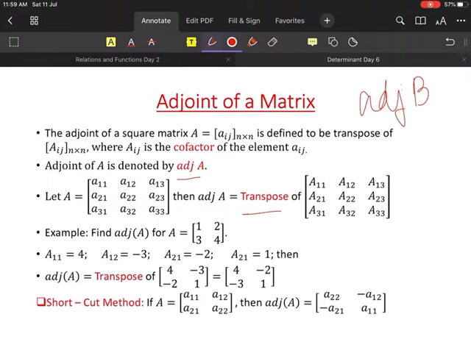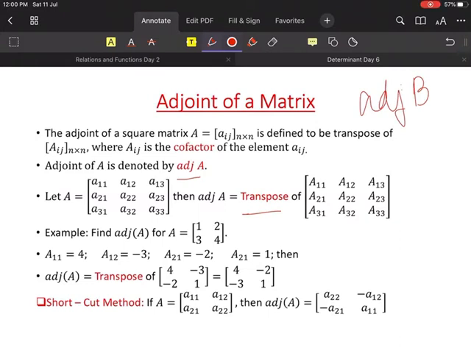Can anybody tell me what is capital A11? Yes, that's right. These are the cofactors of these elements. So first you find the cofactors of these elements, then you transpose this matrix, then you get the adjoint of that matrix.